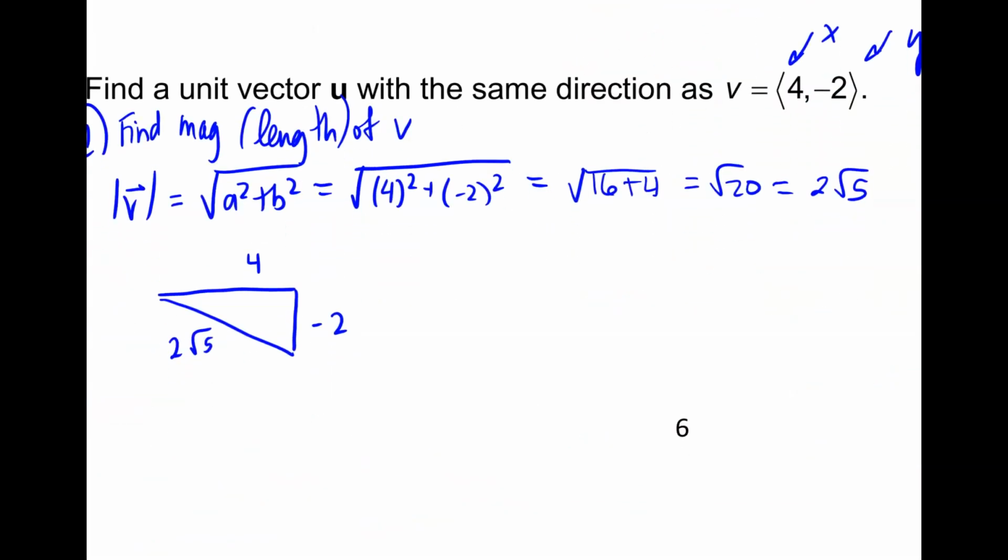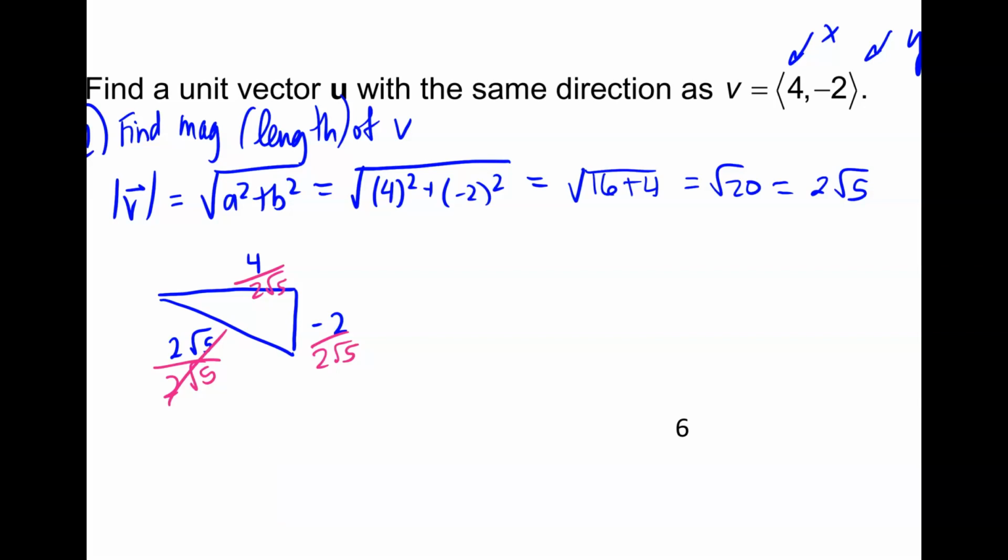Divide by 2 root 5, divide by 2 root 5, divide by 2 root 5. So that turns into, so my hypotenuse is 1, 4 over 2 root 5.